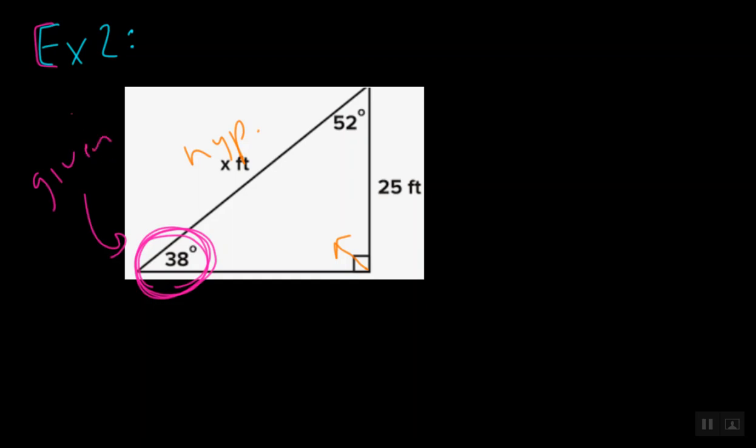Here, there's 2 angles shown, but let's say it's this one. The given angle is the 38. Well, we would say that this other side that touches that angle must be our adjacent side. And lastly, this 25, this side that is across from the angle, will, of course, be our opposite side. All right, let's go ahead and practice one more.